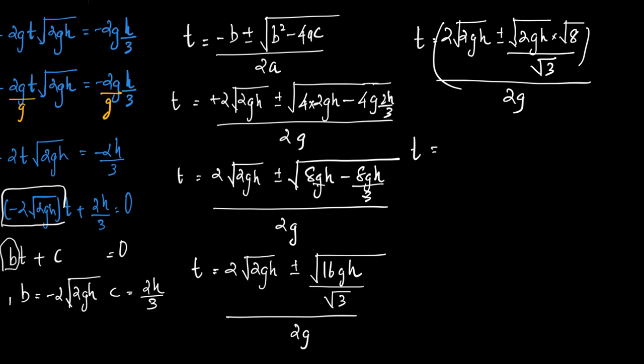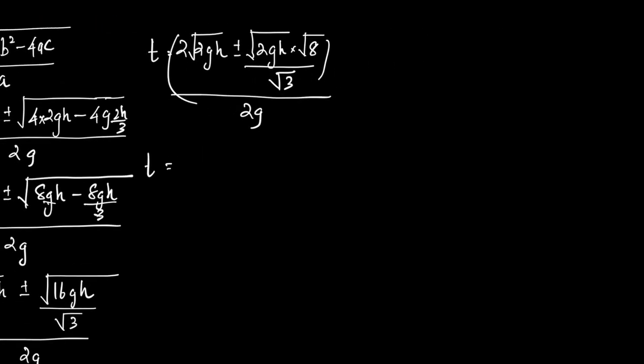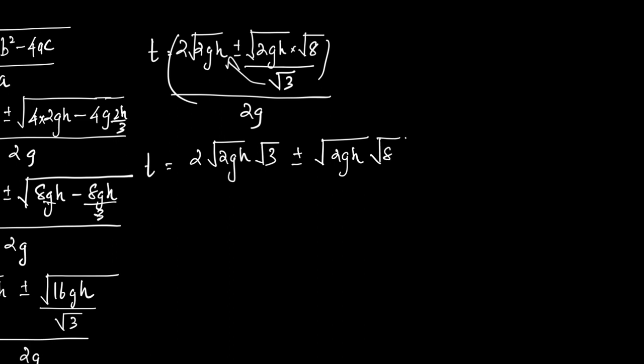So t will be equal to, if I take 2 root 2gh here, I can multiply root 3 over here, so this becomes root 3 plus or minus root of 2gh into root 8, the whole upon root 3 into 2g, right?